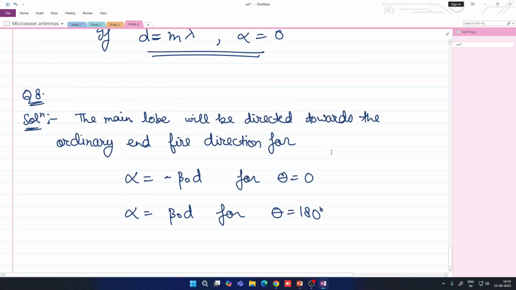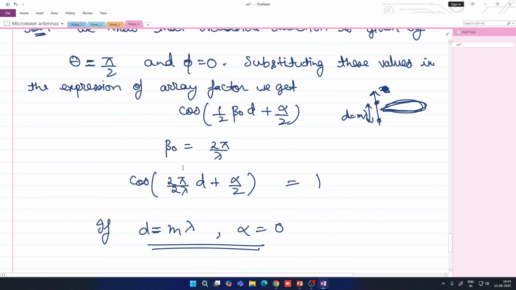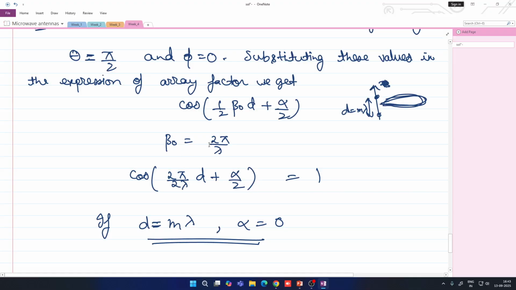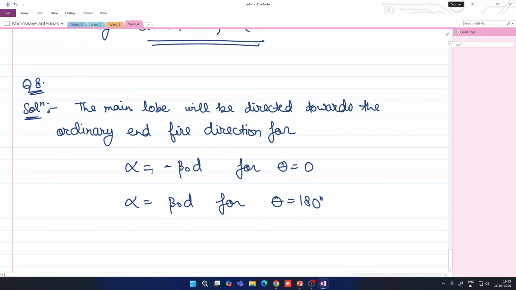I have taken the same steps, whatever we have to check the array factor for this, right? So the solution will come when alpha is minus beta naught d when theta is either 0 degree or 180 degree.